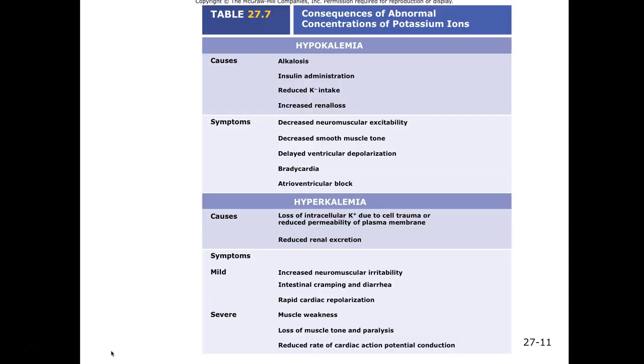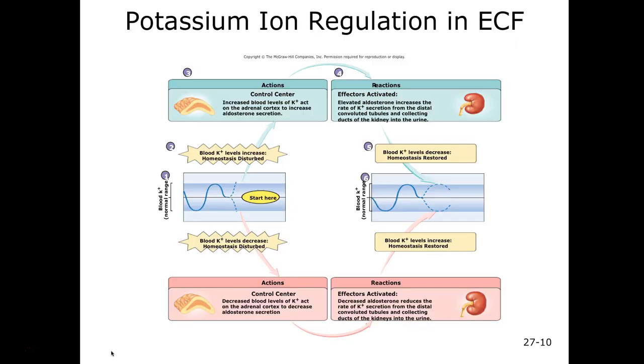I have this chart here, but what I'm going to do is incorporate it into this regulation within our extracellular fluid. So we see that our blood potassium is at its normal range, and then let's go with increase first. Homeostasis is disrupted, and we have too much potassium within our blood. What do we need to do to get rid of it?